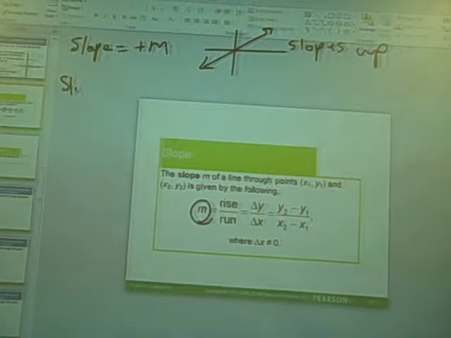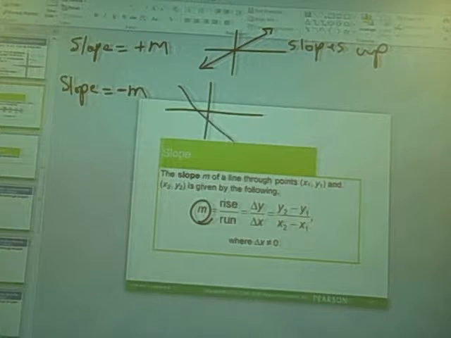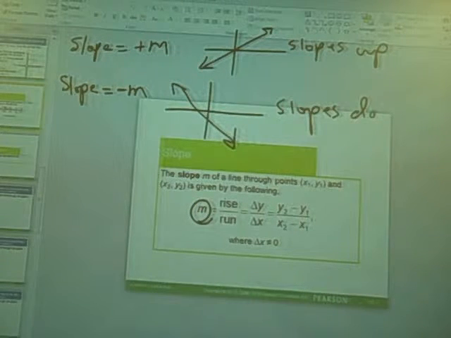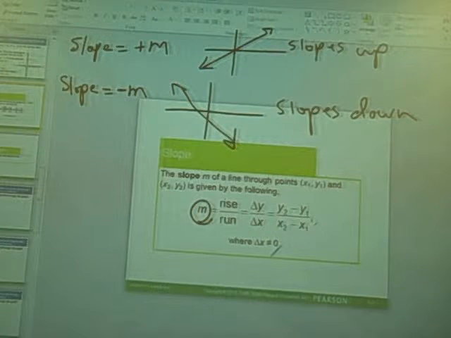If your slope is negative, then it's going to slope downward. Okay? So you want to use that to help you check and make sure that you have the right slope there.